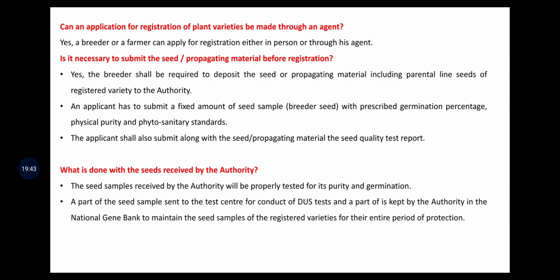and from that seed one part they'll send for DUS test and the other part they'll keep under the National Gene Bank to maintain it for further propagation as well as a seed during the problematic period.